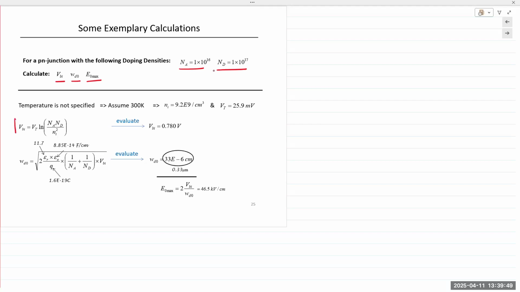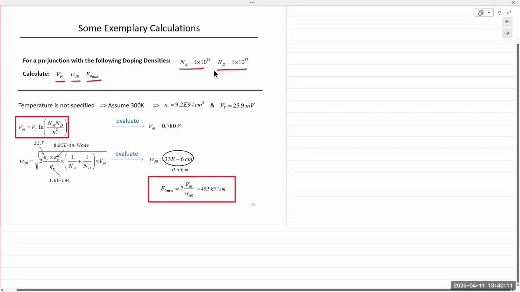Okay, so VBI is here, and then WD0. Let's just do it this way. Okay.